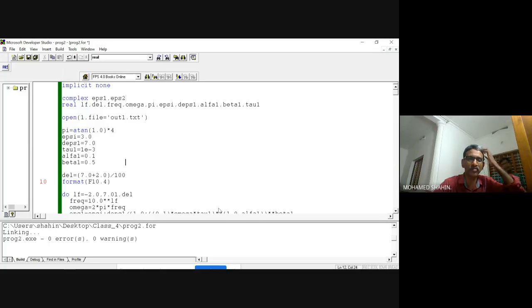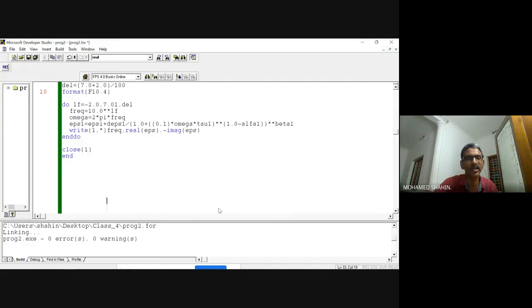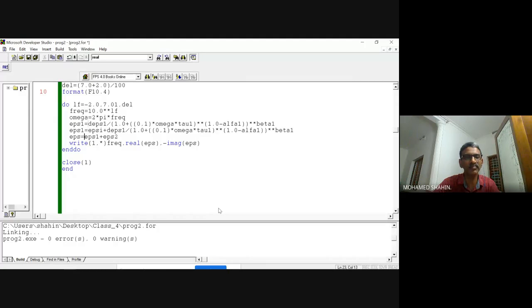Then we will add them. That is EPS is equal to EPS1 plus EPS2, so that life would be easier. Control C, Control V. Now I am incorporating this epsilon infinity into this.